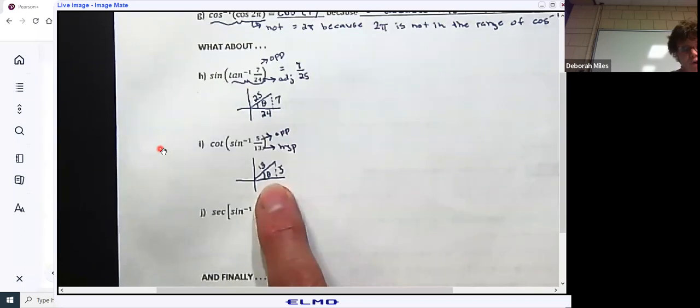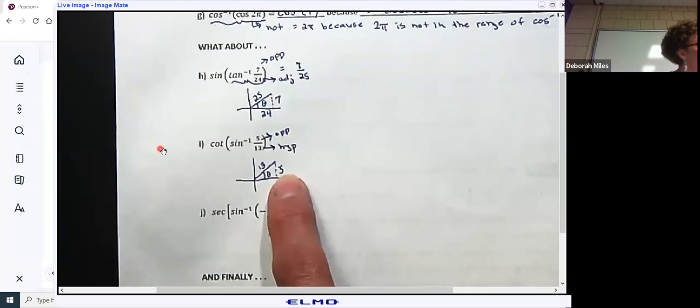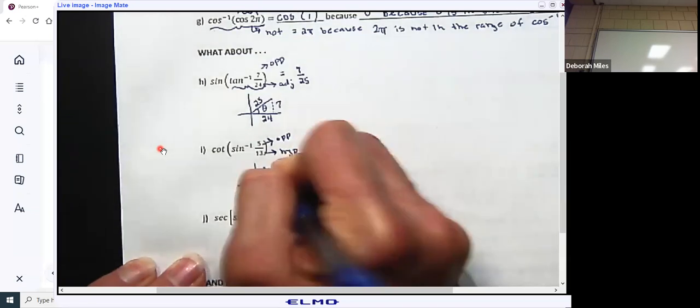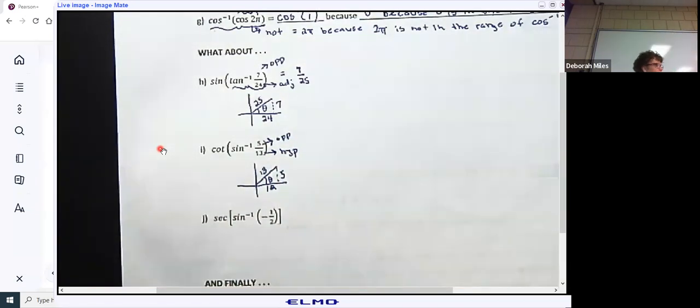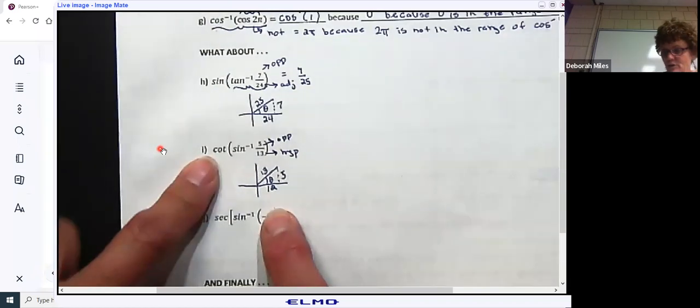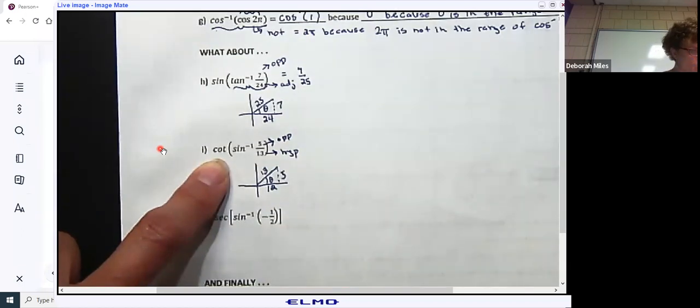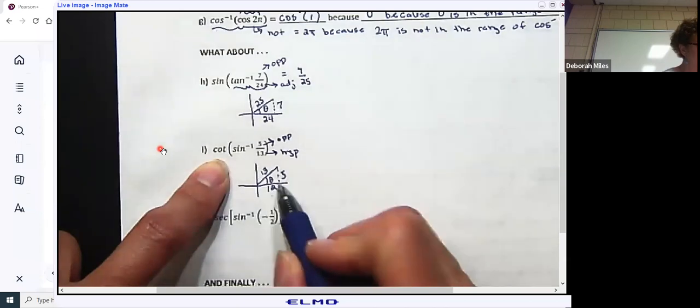We're looking for one of the legs, so I have to do hypotenuse squared minus leg squared. 169 minus 25 is 144. Square root of 144 is 12. And I just happen to know 5, 12, 13 is a Pythagorean triple. So what's cotangent of this angle? Adjacent over opposite, 12 over 5.